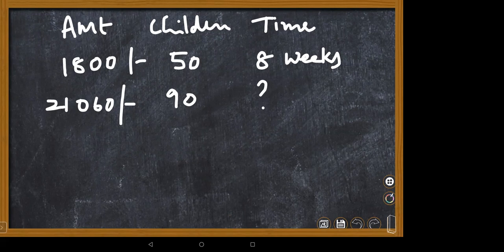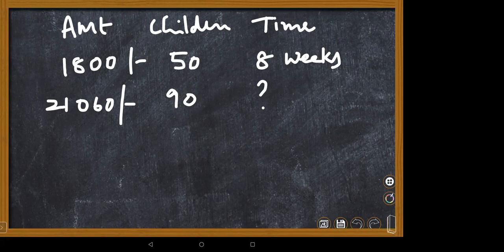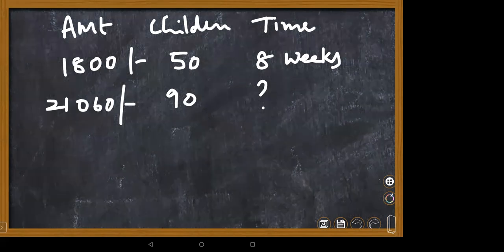Come on, children, please. What are we supposed to do? If the number of children increases, the amount is also increased. Direct. What is the step here, Satvik?